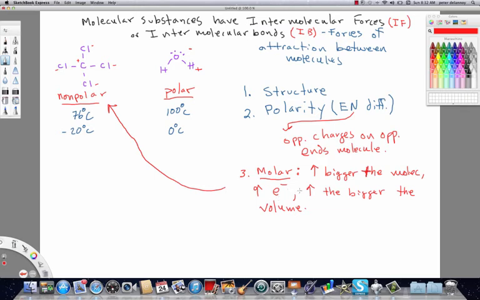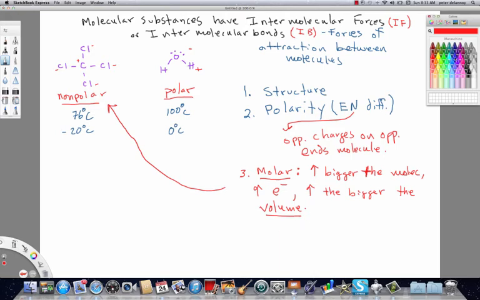Because the larger the molecule, the more electrons you have, the larger the volume of that molecule, which provides more volume for the electrons to move around. And the importance of that is because when you have a charged particle like an electron and it can move, it can cause the molecule to polarize.